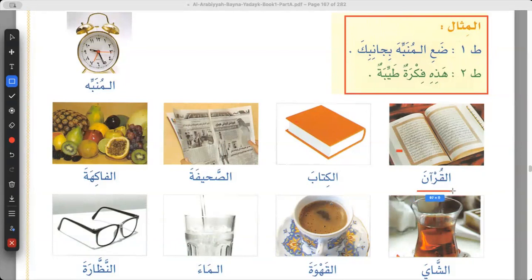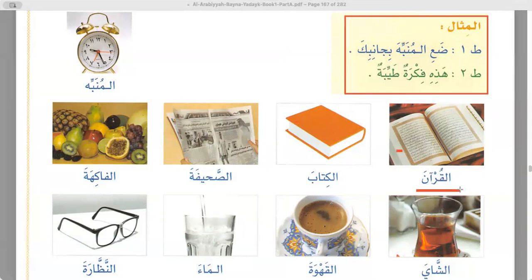Abdullah. ضع القرآن بجانبك. هذه فكرة طيبة.